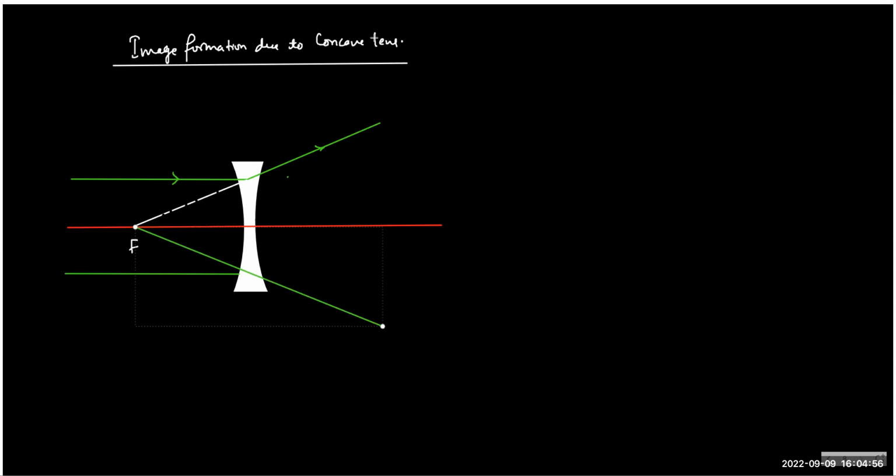Right? So which kind of image will you say? Virtual image. If it is virtual, it is always erect. So the top ray is top and bottom is bottom. They are not going to intersect, right? So it is a virtual image, and we can say highly diminished.